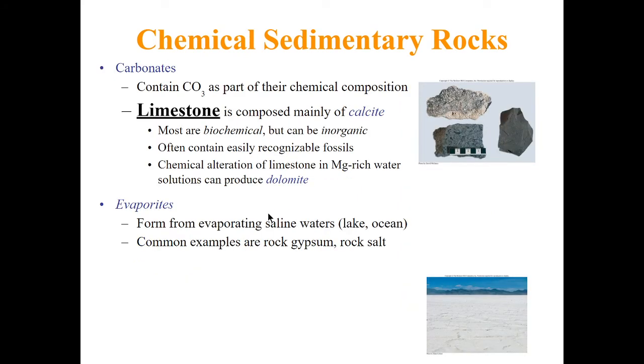Then we have chemical sedimentary rocks, and these are rocks that have been laid down out of precipitation. Limestone is the one that we are going to be looking at. But we can look at halite. Halite is a mineral, but as a rock, it's called rock salt, so it kind of has double duty.